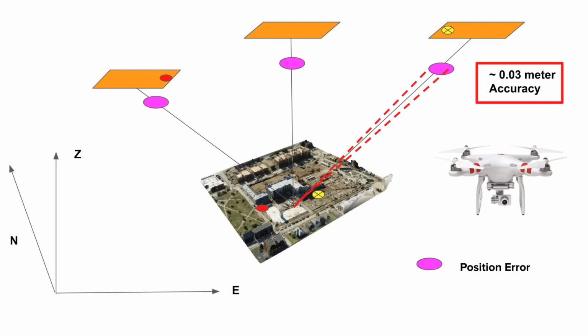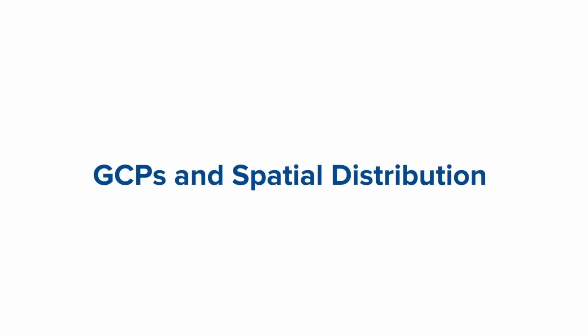So you essentially have sky control instead of ground control. Each photo that you take essentially is a sky control point. But that doesn't necessarily mean that you do away with GCPs, and we're going to go into describing why.